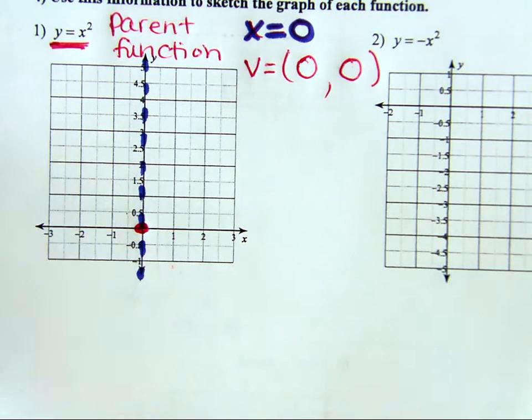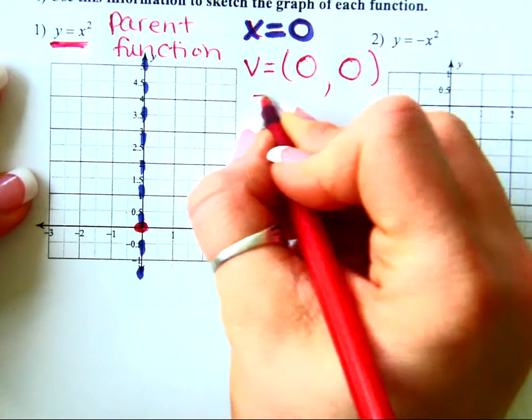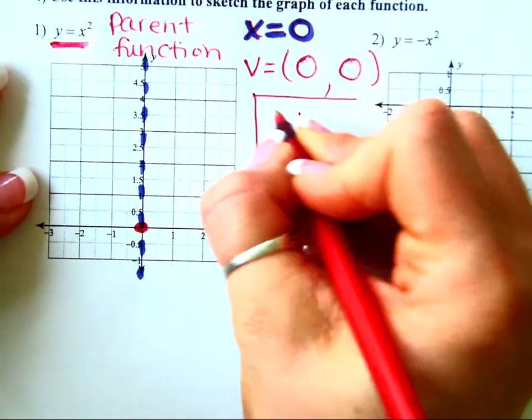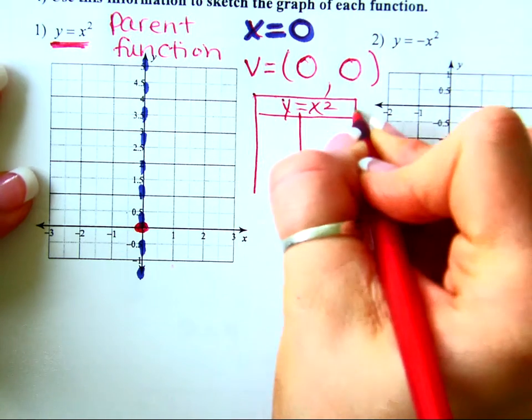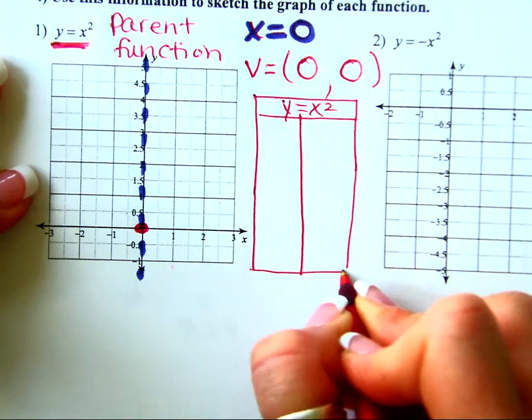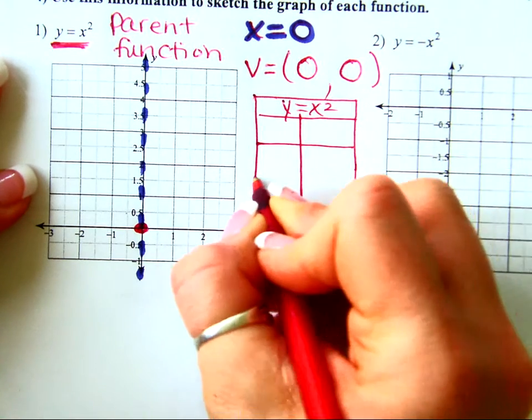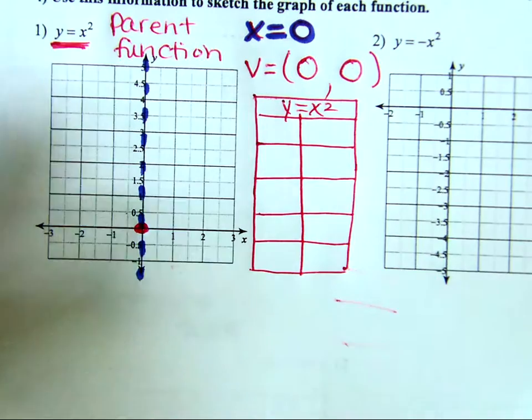Okay? So, just for the heck of it, let's do a quick little table. Because here's the deal. If you're ever asked to graph an equation, like say y equals x squared, y equals x cubed, y equals x to the fourth, whatever, you don't have to know anything about it.